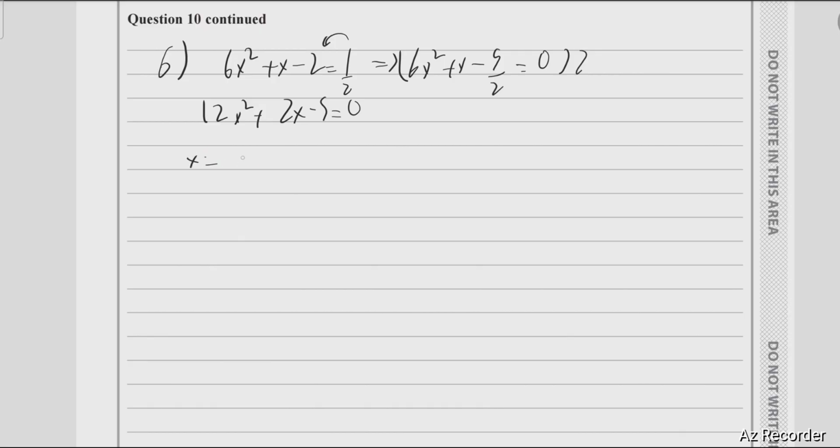x equals negative 2 plus or minus root of 2 squared minus 4 times 12 times negative 5, over 2 times 12.